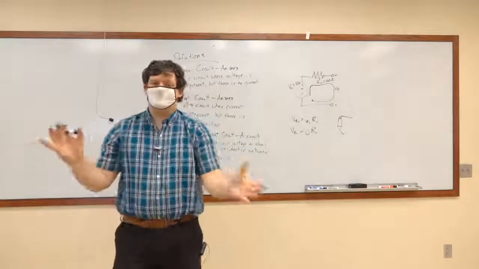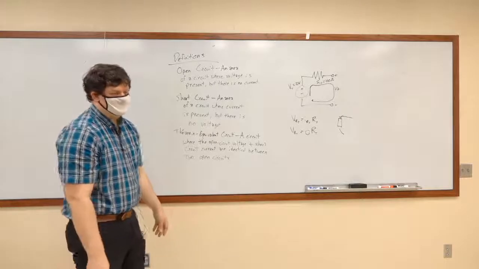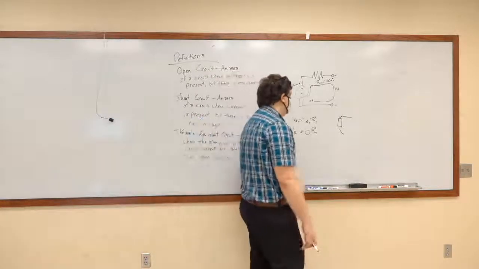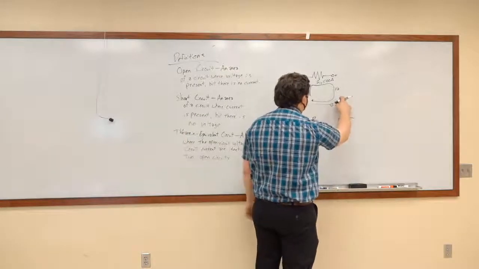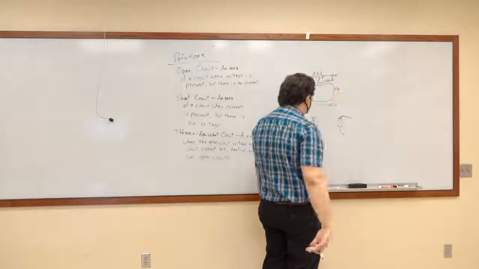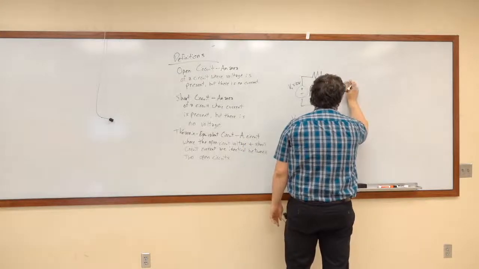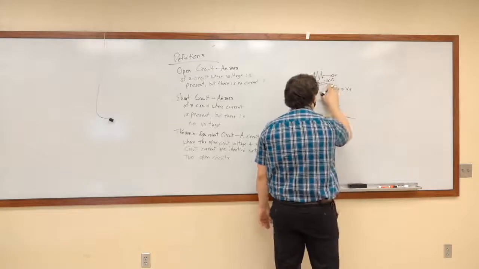That's not happening. So in this instance, if we draw our loop, VA has to be equal to whatever VT is, because it's an open circuit.